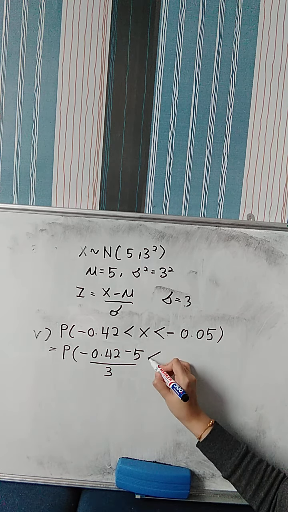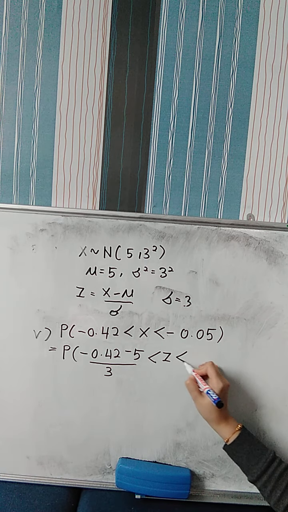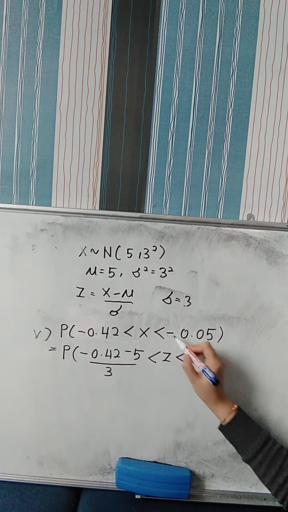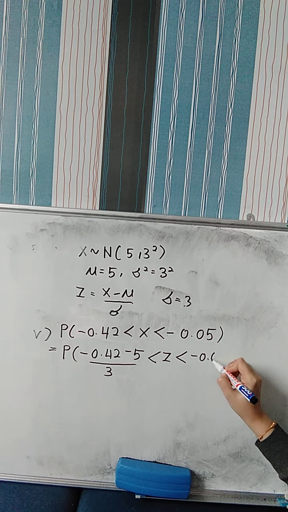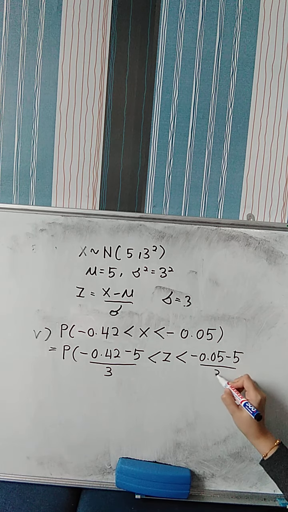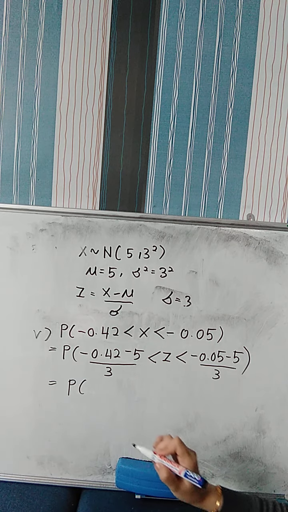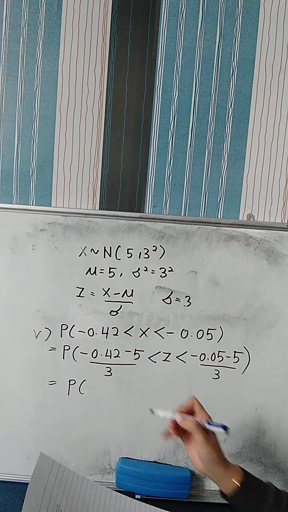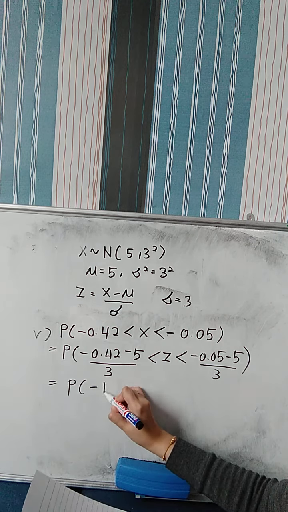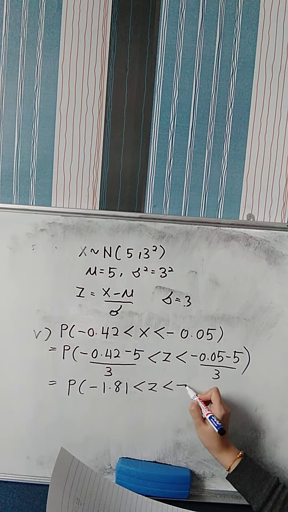Less than, same, X changes to Z, and less than, same, negative 0.05 you minus mean 5, you divide 3.